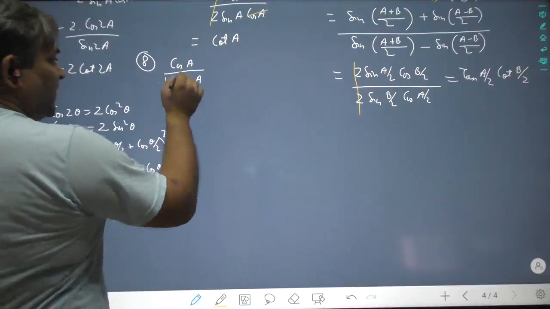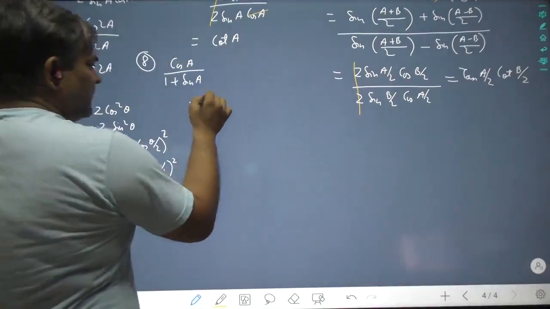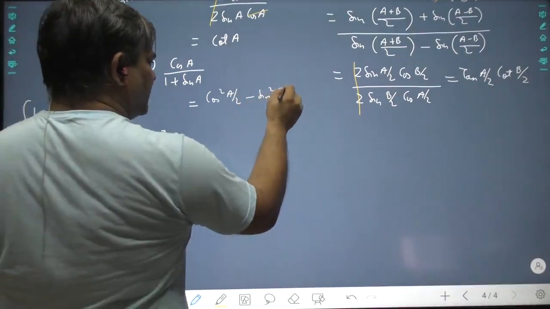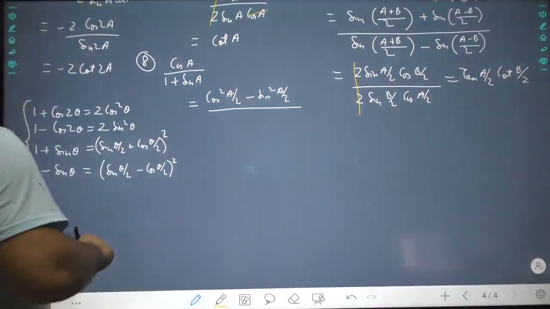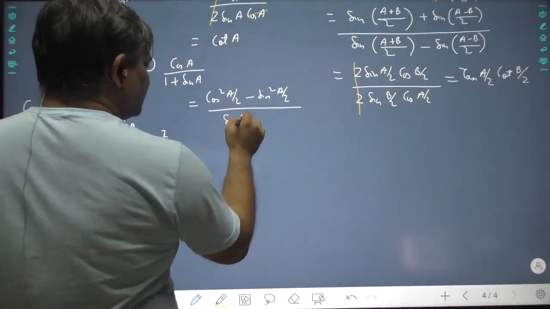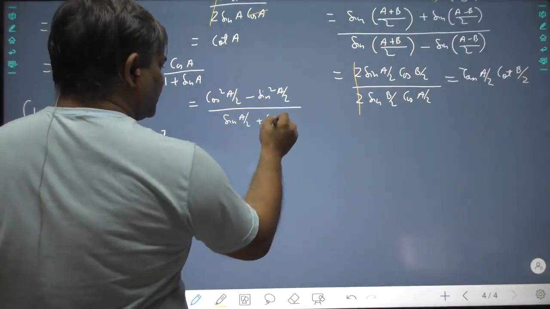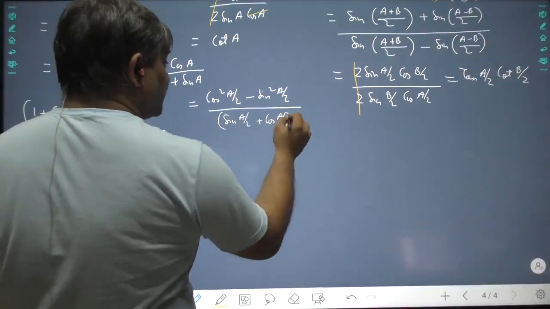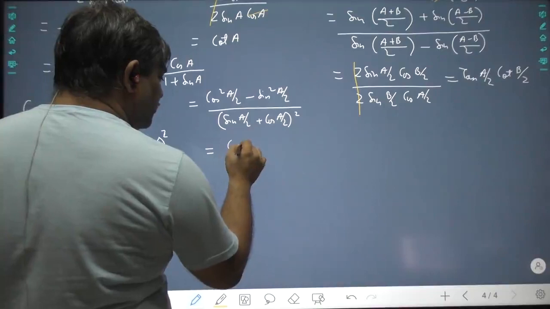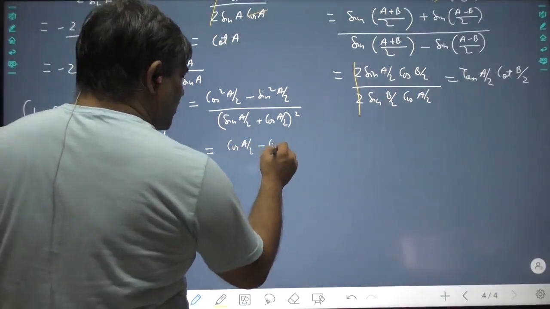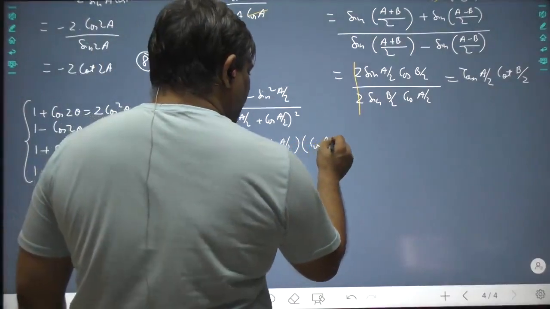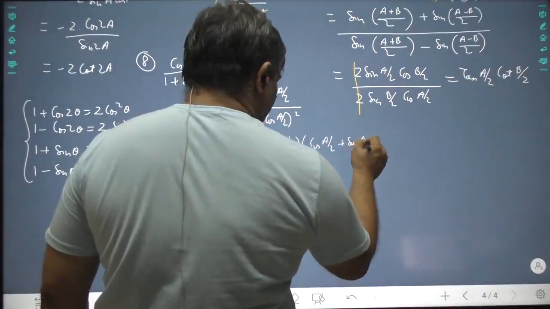Now see this. In the numerator you have cos A. I will write it as cos square A by 2 minus sine square A by 2. In the denominator you have 1 plus sine A, so I will write it as sine A by 2 plus cos A by 2 whole square. Now cos square A by 2 minus sine square A by 2 becomes cos A by 2 minus sine A by 2 multiplied by cos A by 2 plus sine A by 2.